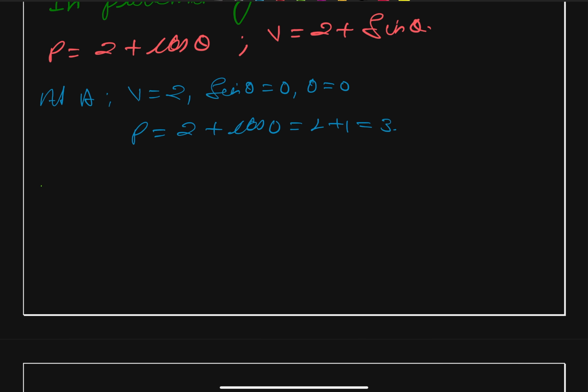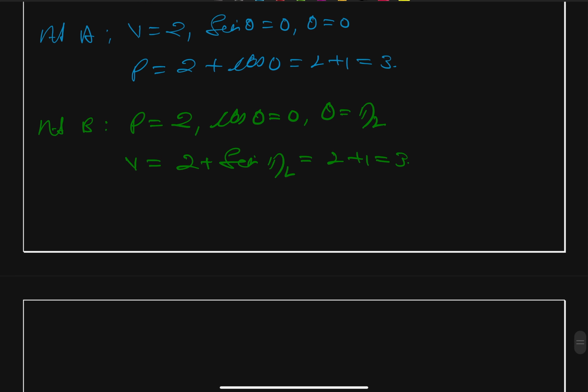And at B our pressure is equal to 2 and cos theta is equal to 0, which tells us theta is equal to pi by 2. Here our volume will be 2 plus sine of pi by 2, which is 2 plus 1, equal to 3.